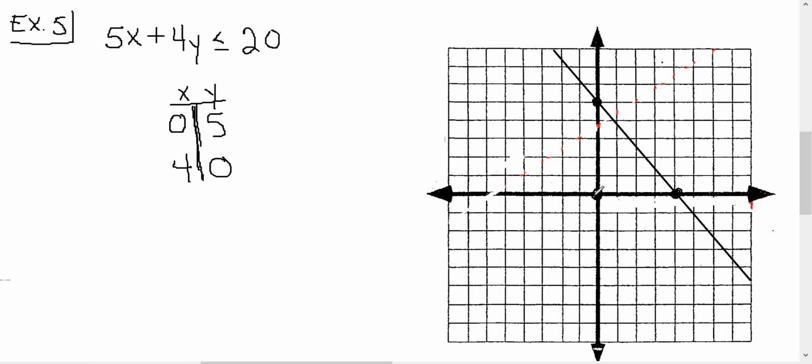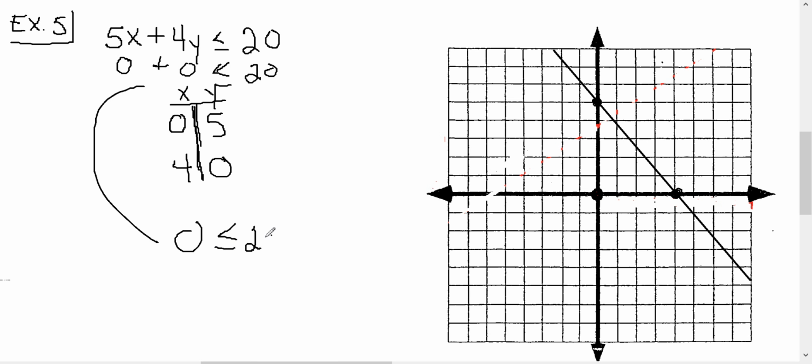Now I'm going to pick my test point, and it is going to be the origin again. 0, 0, and I can look at this and say when 0 plus 0 is less than or equal to 20, which changes to 0 is less than or equal to 20. And that, of course, is true. 0 is less than 20.